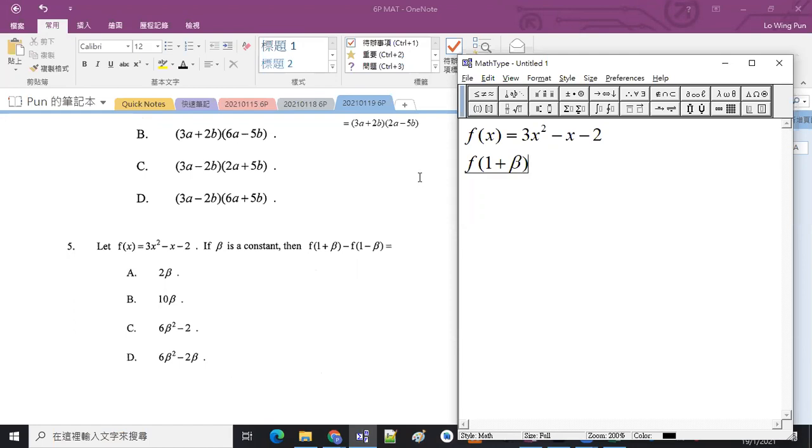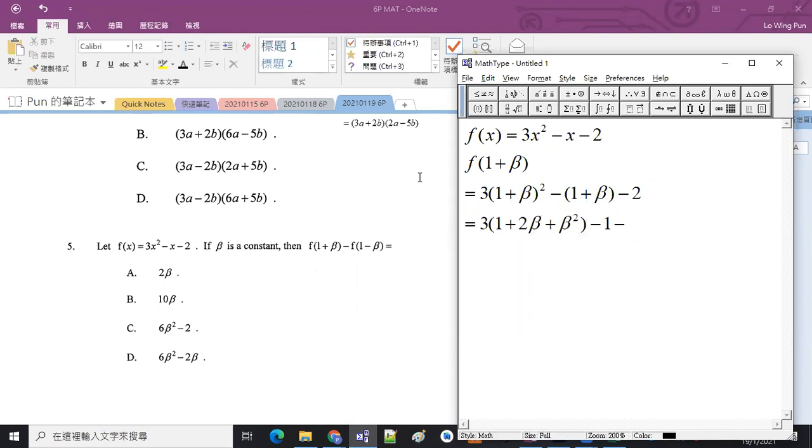嗱，我哋呢啲 f number 嗰啲嘅話，我哋要分開計咗先嘅。Okay, 3 times 1 plus beta square minus bracket 1 plus beta minus 2. Okay, and then it is equal to 咁我哋抄佢喎。3 times 1 plus 2 beta plus beta square.